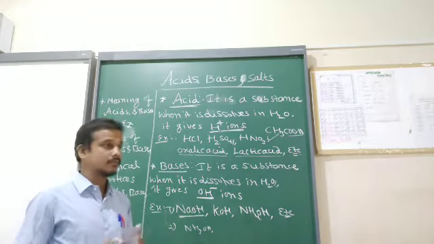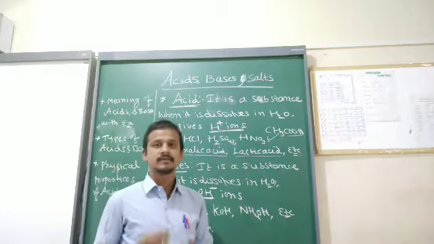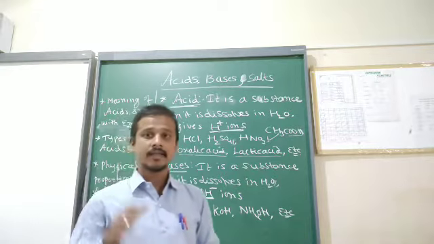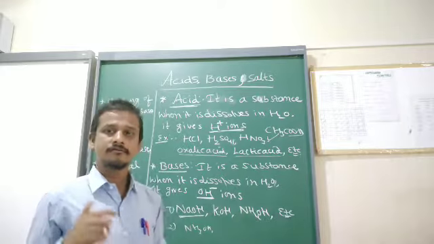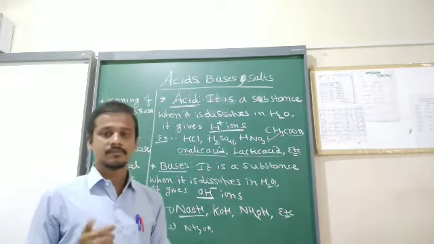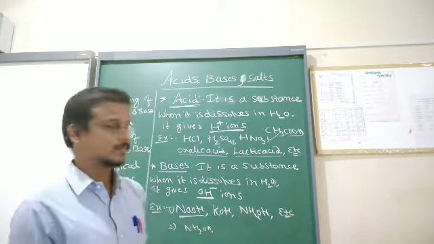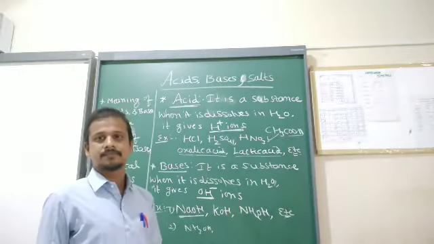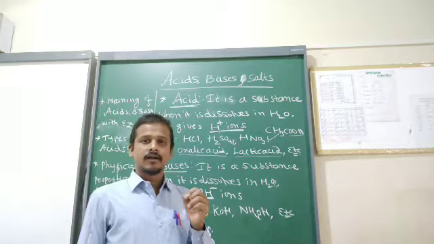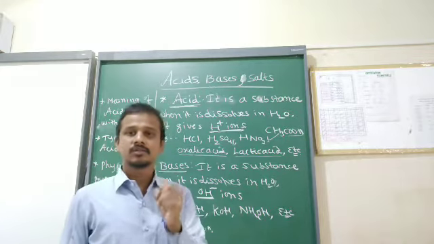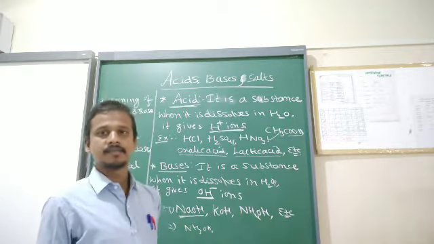But in a science laboratory, some solutions may not be labeled. If they have no labels, how can we find out which is an acid and which is a base? We use special types of indicators. Indicators tell us whether the solution is acidic or basic.